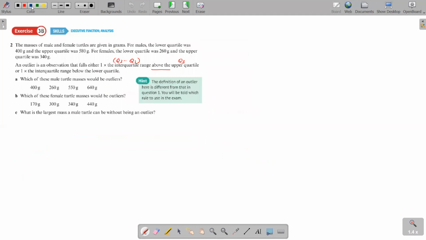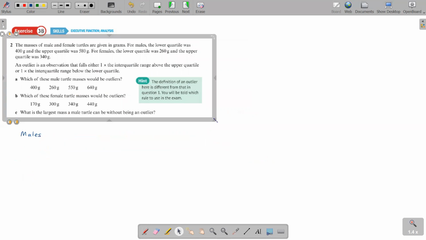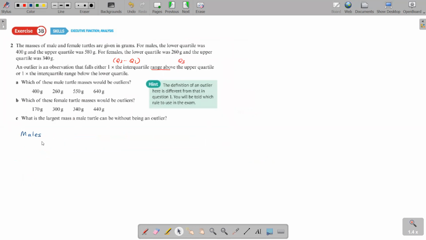Okay, so then let's write the outlier boundaries. So what are the boundaries? We'll calculate first for the males. Part A is about which of the male turtles would be outliers, right? So let's calculate the boundaries for the males. The outlier boundary: what's the upper boundary, the upper limit?